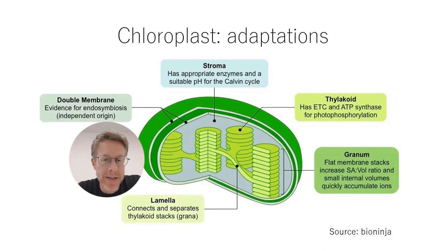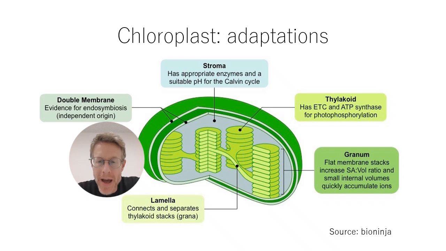And here we have a nice summary of the key structures. So the stroma there at the top, labeled there, has the right enzymes and the right pH for the Calvin cycle to occur. The thylakoids, you can see it there labeled. A stack of thylakoids is a granum. Many granums are grana, plural.